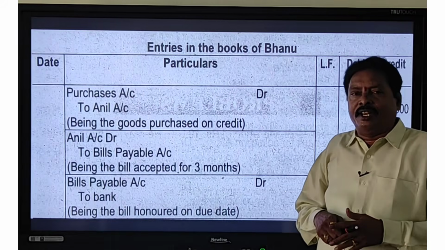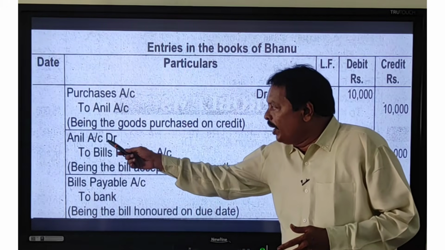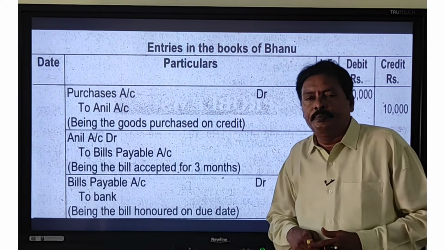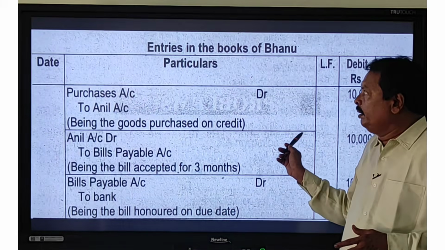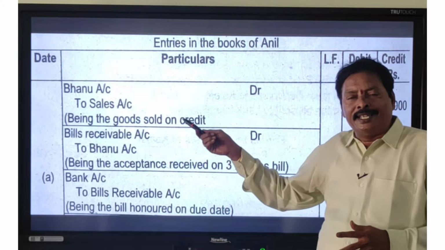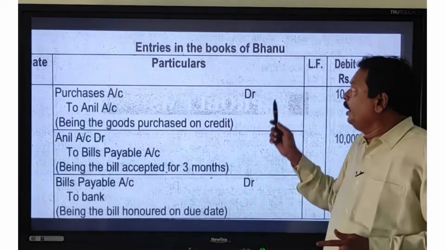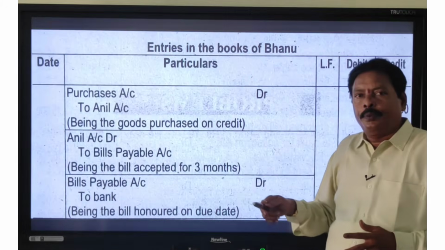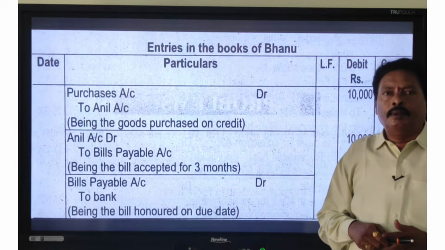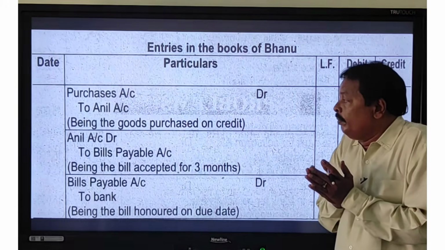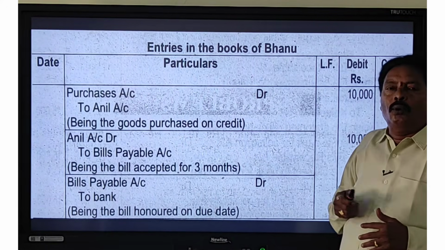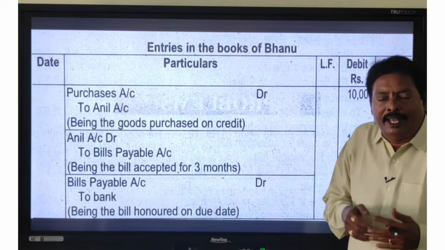For this transaction, we have to write Anil account debtor to bills payable account. In Anil's point of view, the bill is receivable. In Banu's point of view, it is bills payable. So, being the bill accepted for 3 months, who accepted? Banu. We accepted. We are acting as Banu.